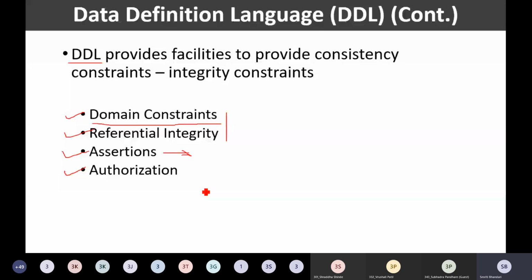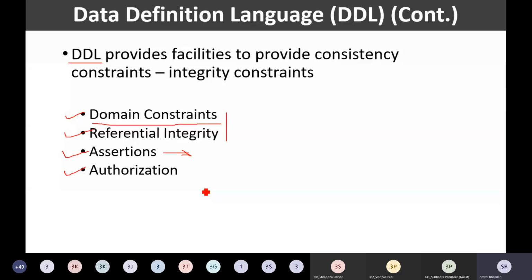Depending on the nature and role of the user, we provide the required authorization to that particular user. The instructor may have read authorization, insert authorization, update authorization, and also delete authorization.